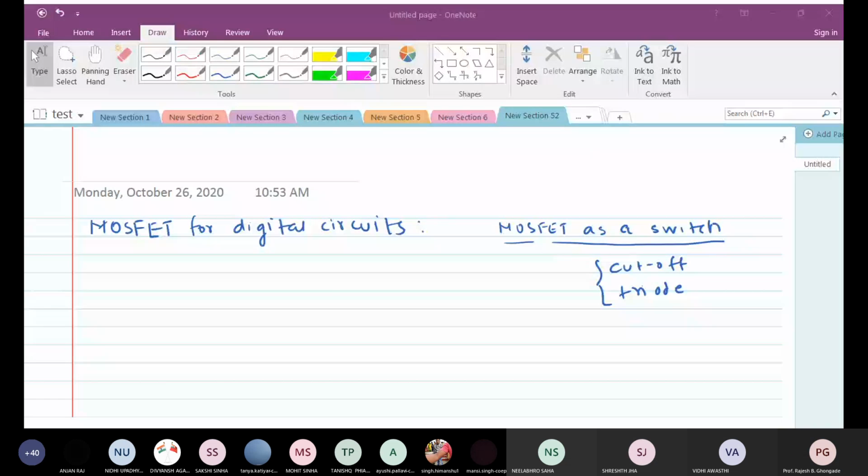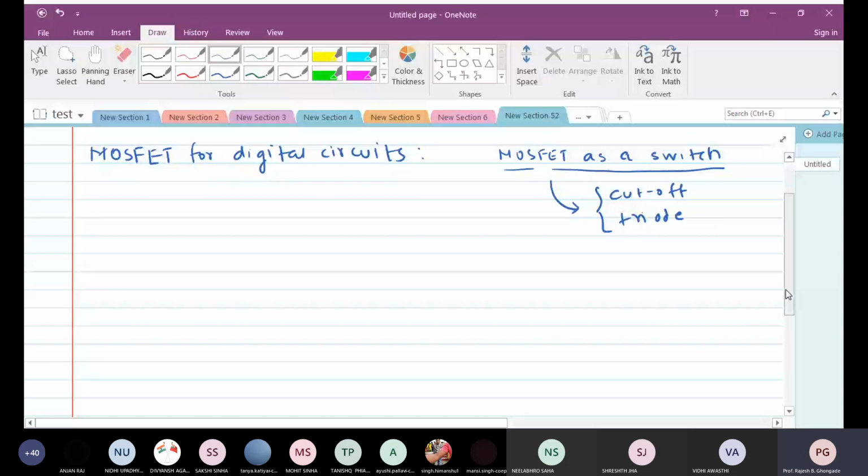All right. So I said MOSFET is going to work as a switch, and naturally it is going to work in the cutoff and the triode regions. Now, how can we build digital circuits with MOSFET? That is the most important thing. The main objective of most digital logic circuits is to have the high and the low output states.